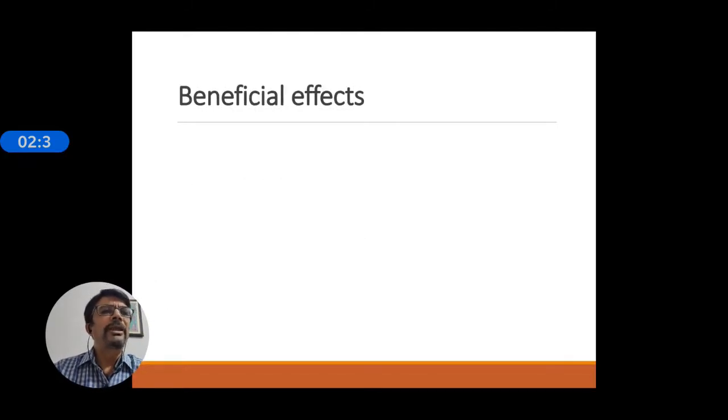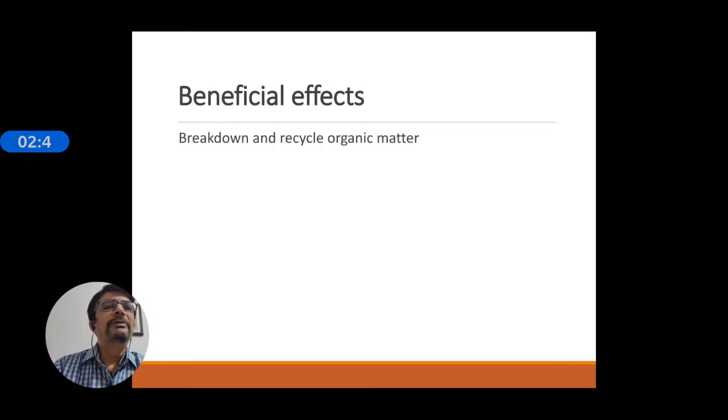If we see the beneficial effects of fungus, the most important is that they are the end user of any chain. They are saprophytes, so they make sure that anything which dies or decays is recycled and becomes usable by the plant, and all cycles run with the help of such saprophytes.